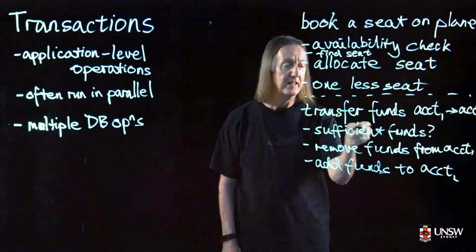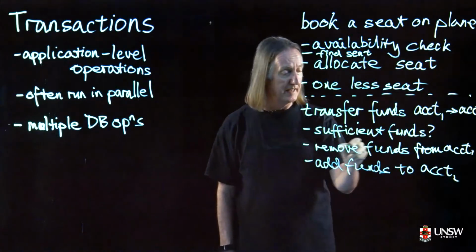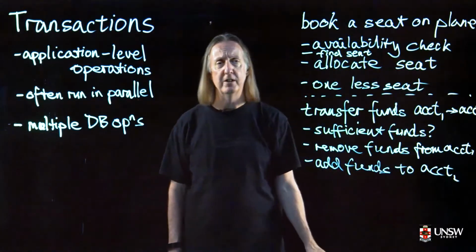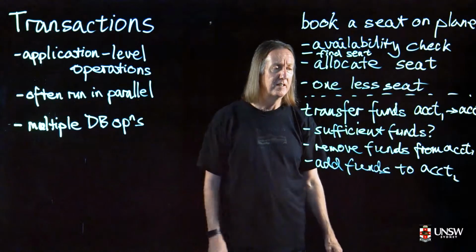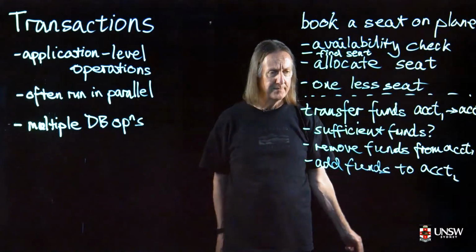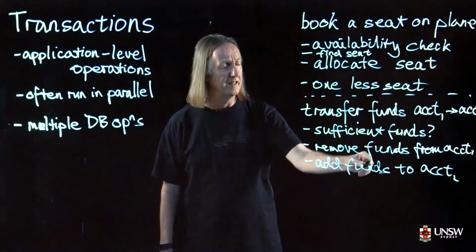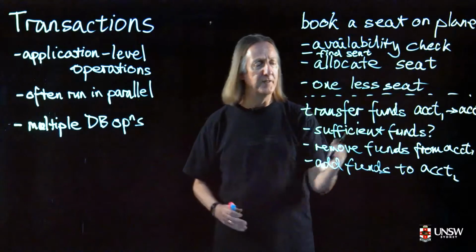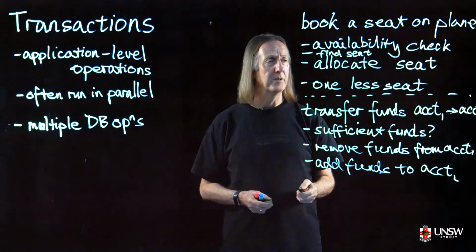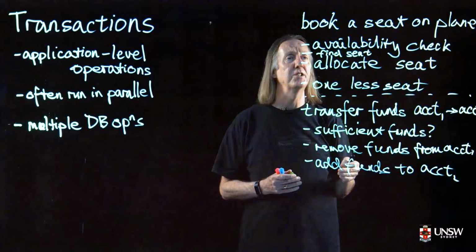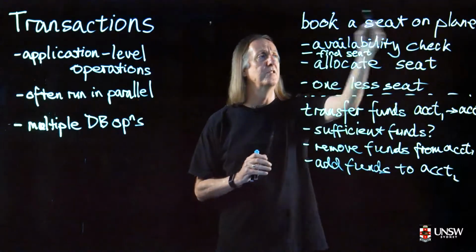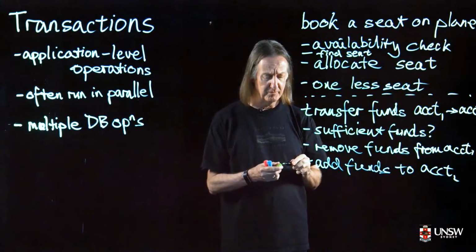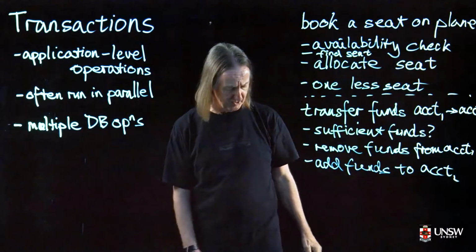Okay, so once again, that'll be a query operation, that'll be an update operation on account 1, and this will be an update operation on account 2 to make the transfer. So the funds that used to be in there are now in here. So a single operation doing a transfer of funds composed of 3 separate database operations. A single application level operation of booking a seat on a plane. This one's actually, I've got 4 operations involved in that, 4 database operations.